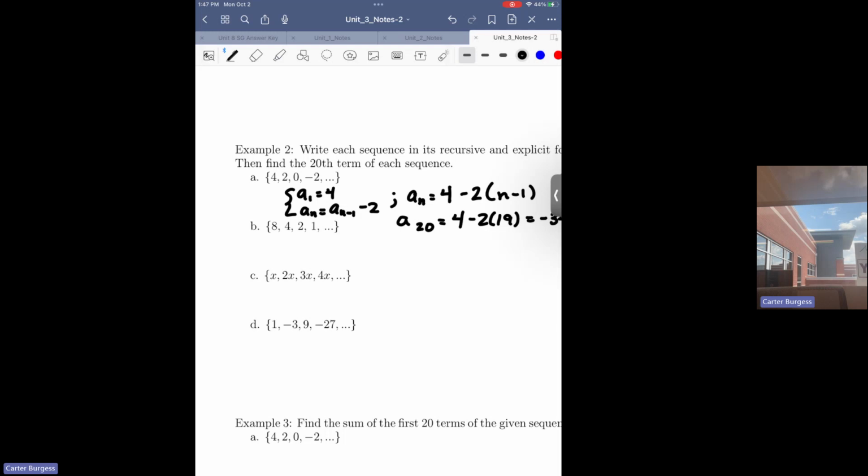So that's recursive. And then explicit is saying, well, I take my a sub 1, and I'm multiplying it by 1/2. And how many times am I going to do that to go from 1 to n? Like how many times do I do it to go from 1 to 100? If I start at 1 and end at 9.